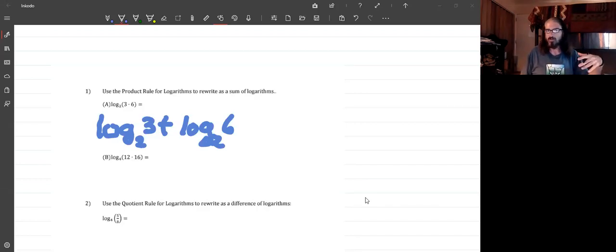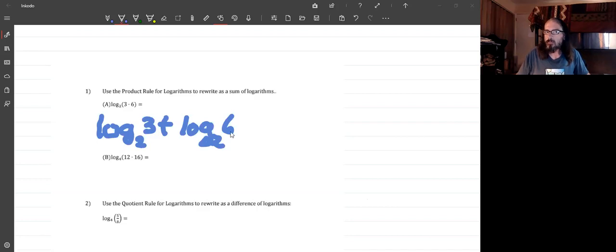But if you can break it down into a product of smaller things that it can handle, or even better yet, do the prime factorization and write it with exponents, even better. Also, knowing the product rule, allowing us to rewrite as a sum of logarithms, will let us rewrite formulas.